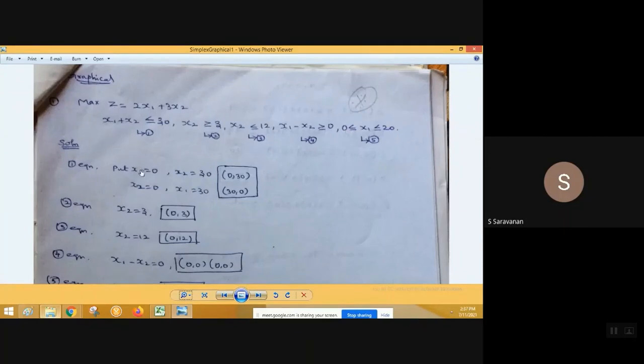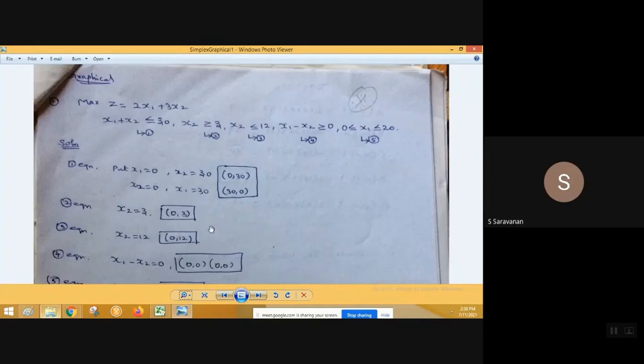See here, when you substitute x1 equal to 0, x2 will become 30. So 0 comma 30. When x2 is equal to 0, x1 will become 30. So it is 30 comma 0. From equation 1 we have two coordinates. For equation 2, there is no need to substitute, so x1 is 0, that's all.